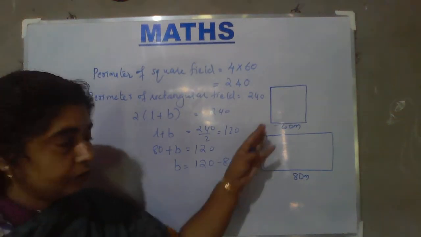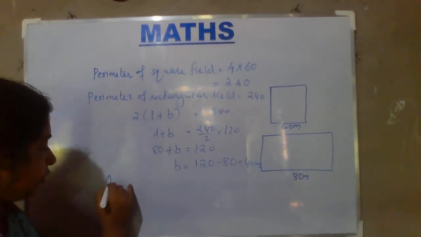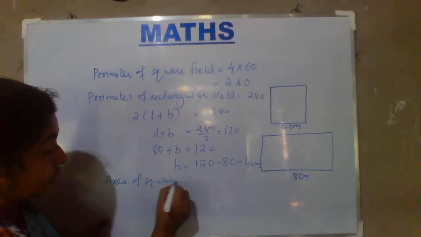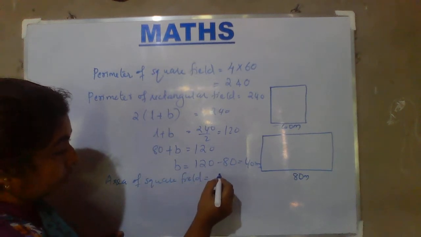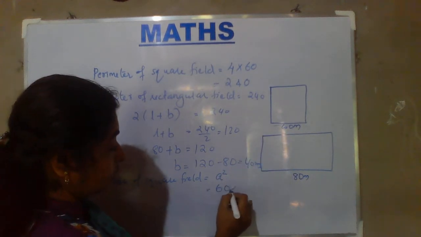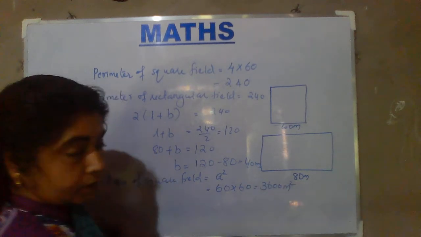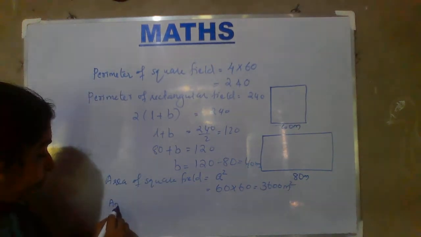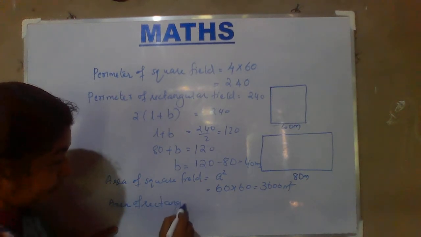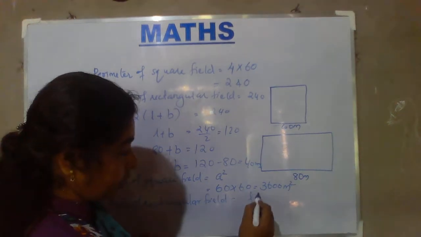Now we get the measures of the square field and the rectangular field, then find its area. Area of a square is A square, side into side. So here side is 60. So 60 into 60, which is 3600 square meter. And area of rectangular field, we know that area of a rectangle is length into breadth.